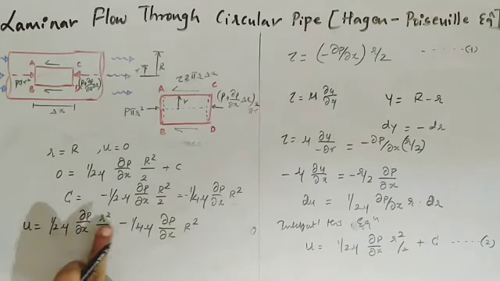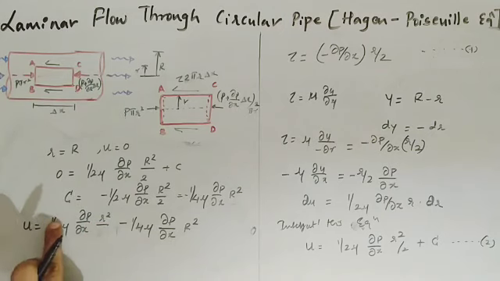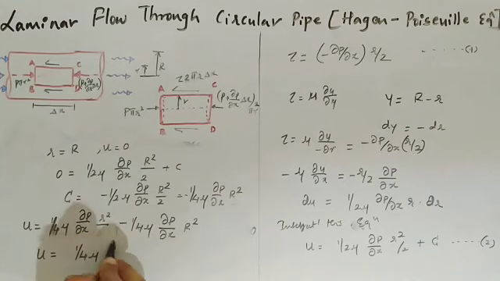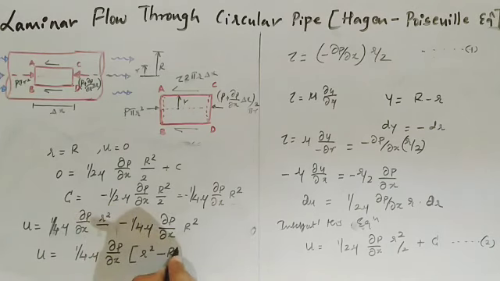Similarly this r I will multiply here, so then again it will be 4 mu. If I take the common term outside, that is 1 by 4 mu dou p by dou x, then the remaining equation will be r square minus R square.